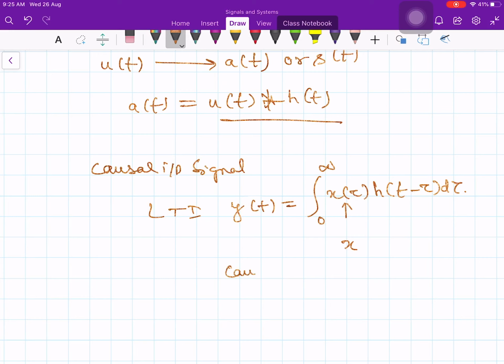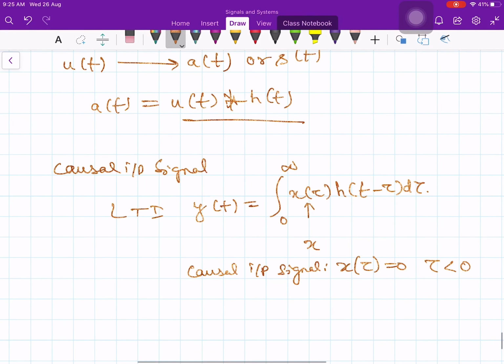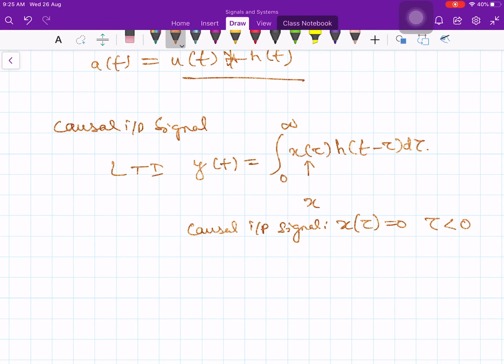A causal input signal is a signal where x of tau is equal to 0 for tau less than 0. Because of that, the lower limit of minus infinity will go away. Now a causal system is one where h of t or h of tau is equal to 0 for t less than 0. Therefore, this is for a causal input signal, then causal input and causal system.